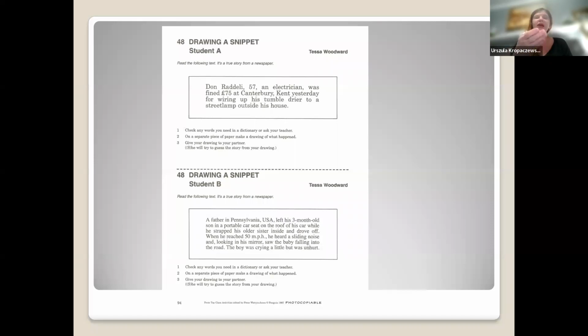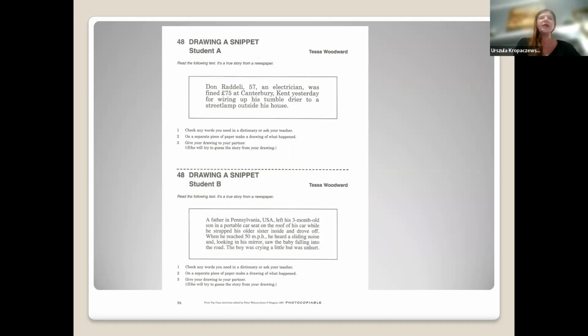So it is a kind of pair work, where one person reads and the other person is drawing something. And then of course they can compare. It's a lot of reading, because the person will have to repeat and repeat, because person B, for example, will have to draw Don Radelli, who is 57.